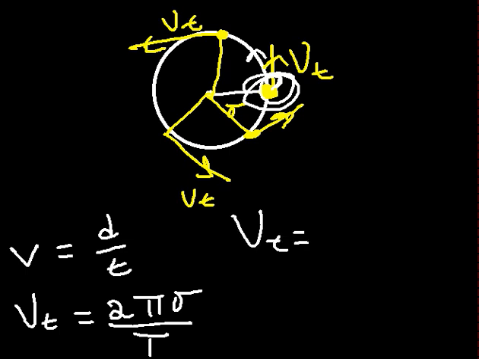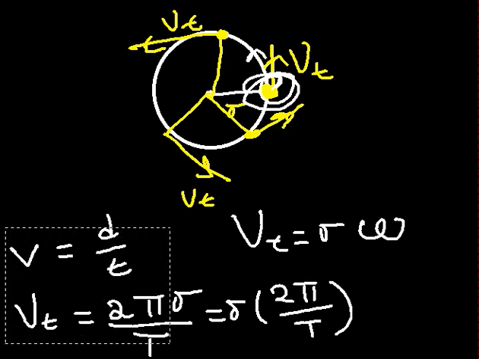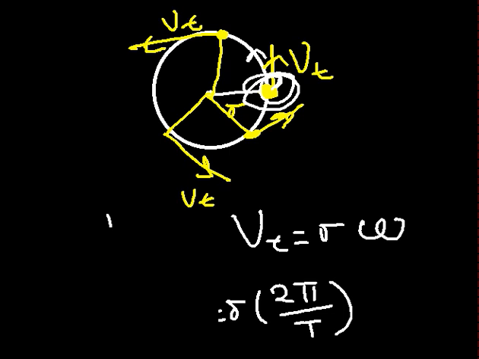It is the radius times 2 pi over the period, and this 2 pi over T is the angular velocity. Hence, the tangential speed is given as the radius times the angular velocity. That's how the linear quantities and the circular motion quantities can be related.